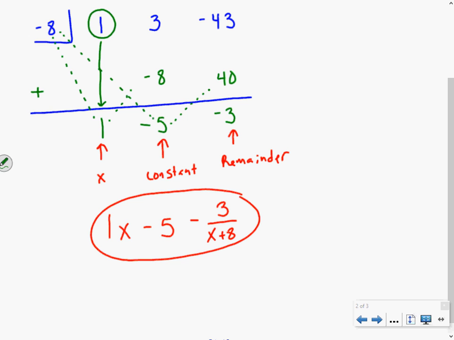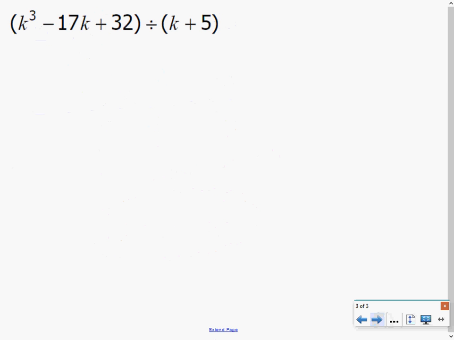So let's see another example of synthetic division, because the tricky part here is definitely the setup. Okay, so for this one, remember in the long division video, we said, hey, we're missing a power of k squared. So we had that placeholder of 0k squared. Now that's really important because the synthetic division process uses the coefficients of all of our terms.